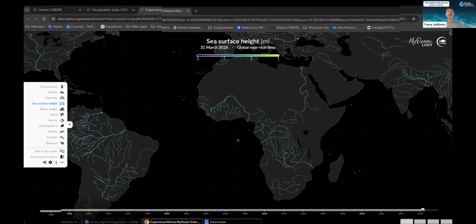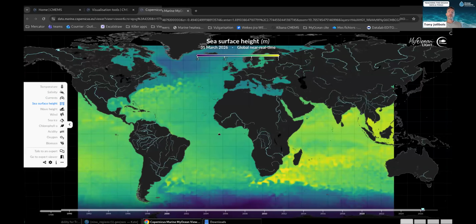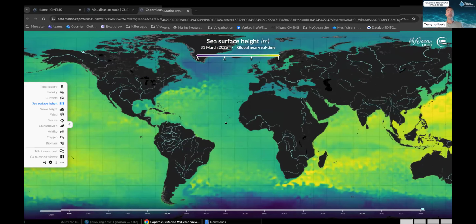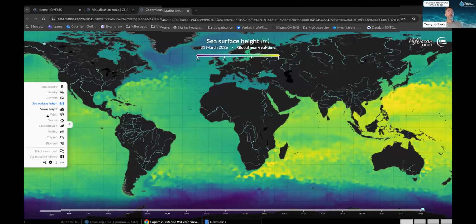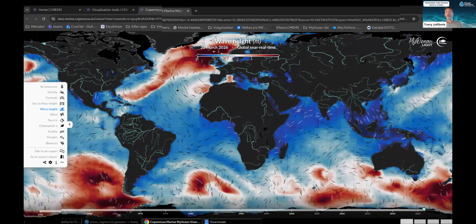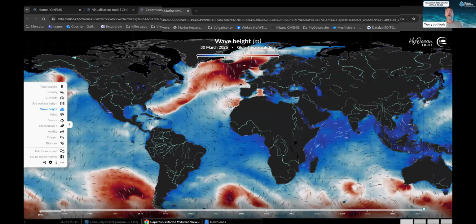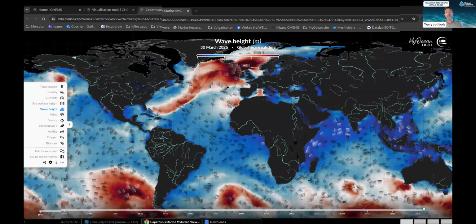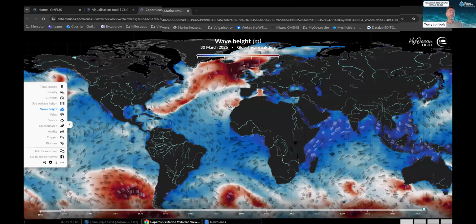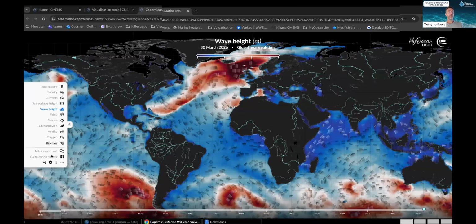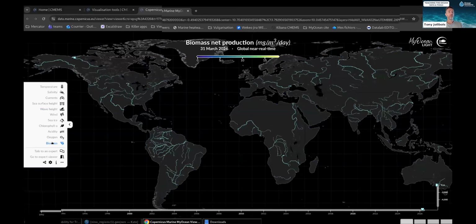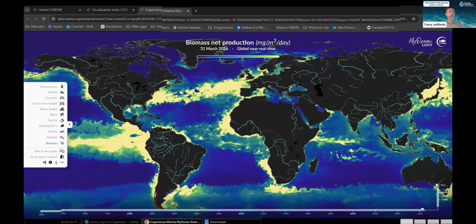The sea surface height, so no, the ocean is not flat, and the sea level rise is not uniform. Wave height also. So again, the direction and intensity here. So you see a lot of variables. Also the biomass.